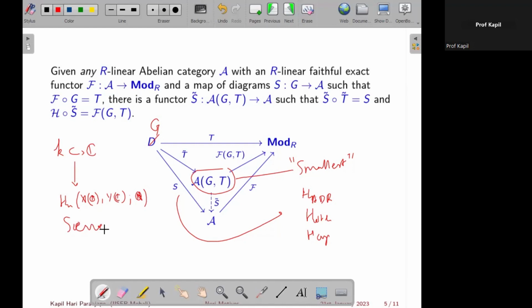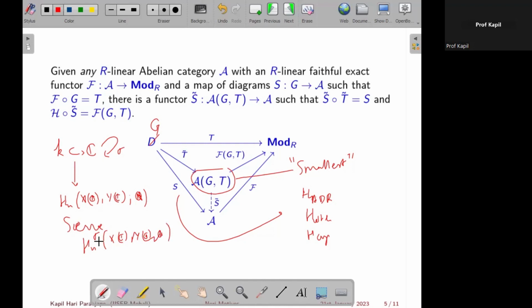Okay. So you start with a variety and take an automorphism. So what can happen is that here I can take an automorphism of C, and this will give me a different group, H and sigma of X, C, Y, C, Q, for the different embedding, sigma.